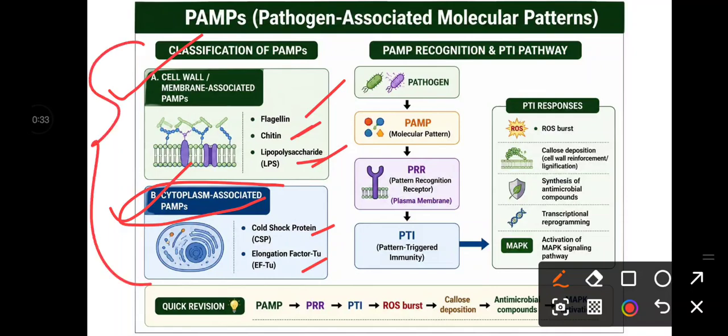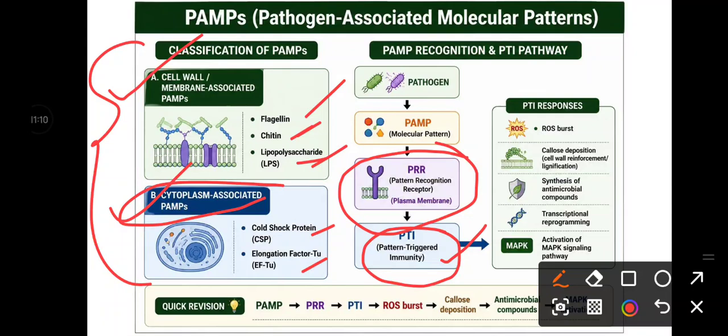Then about the recognition pathway or PTI pathway. When a pathogen comes in contact with a plant, as the PAMPs are the molecular pattern or signature molecules of the pathogen, these are definitely associated with the pathogen. The PAMP molecules are then recognized by the receptors, the pattern recognition receptors present in the plasma membrane of the plant, that ultimately trigger a basal level of immunity, that is PTI.